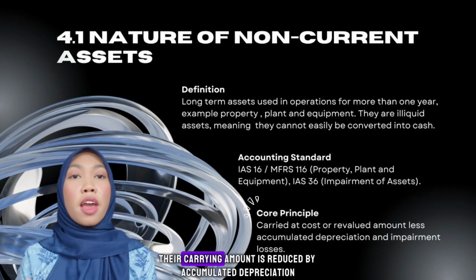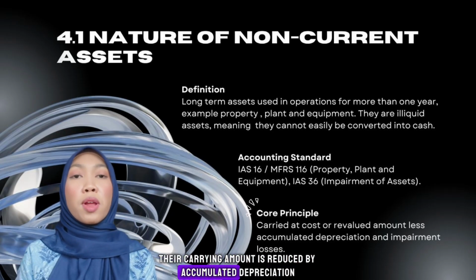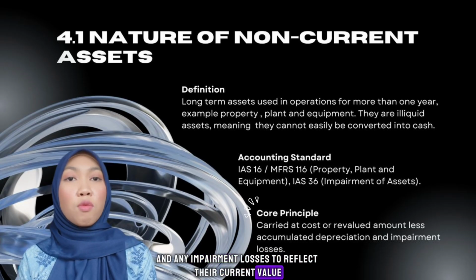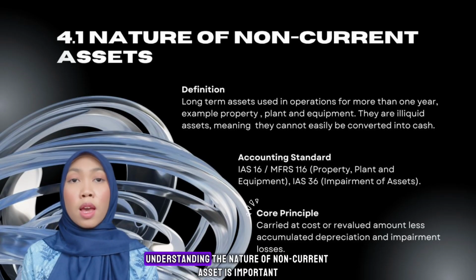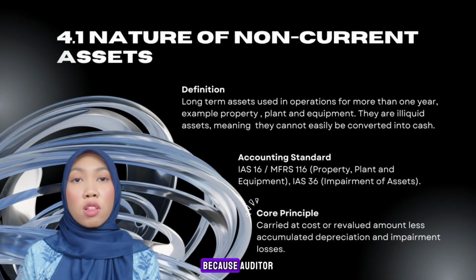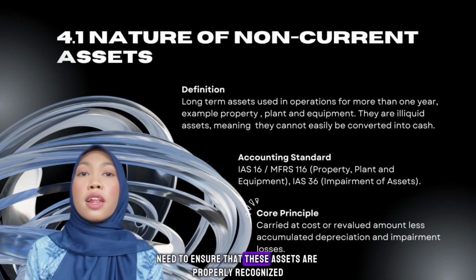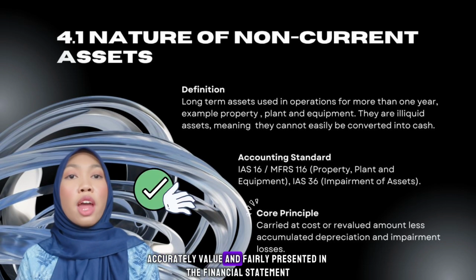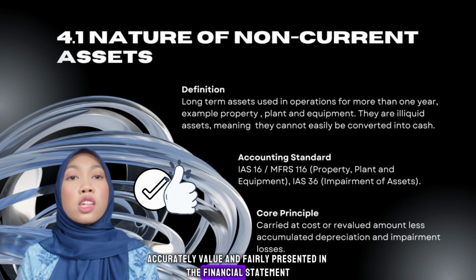After that, their carrying amount is reduced by accumulated depreciation and any impairment losses to reflect their current value in the financial statement. Understanding the nature of non-current asset is important because auditors need to ensure that these assets are properly recognized, accurately valued, and fairly presented in the financial statement.